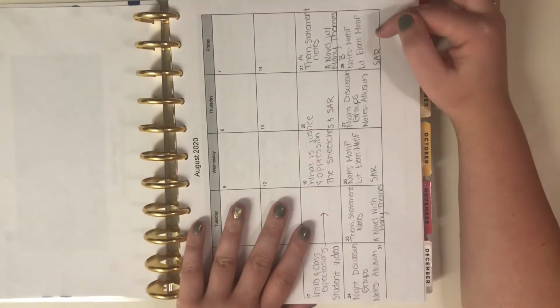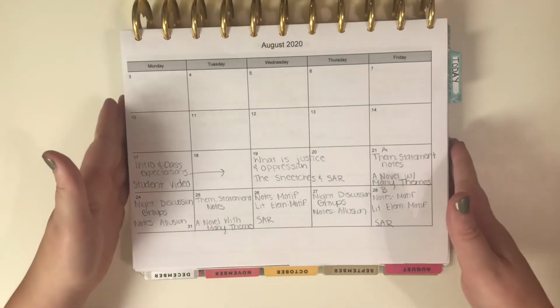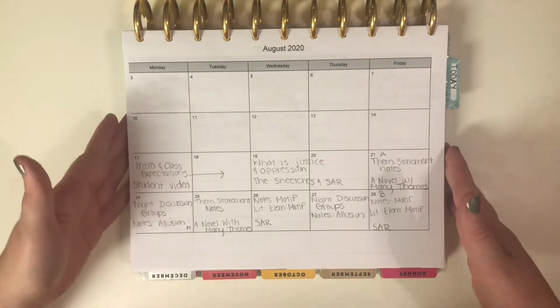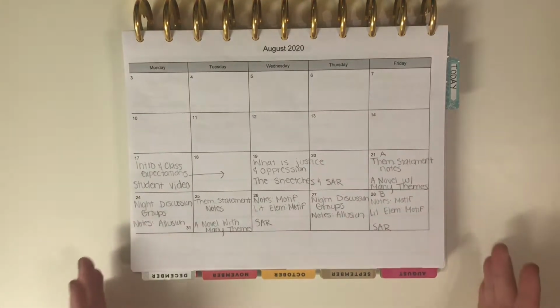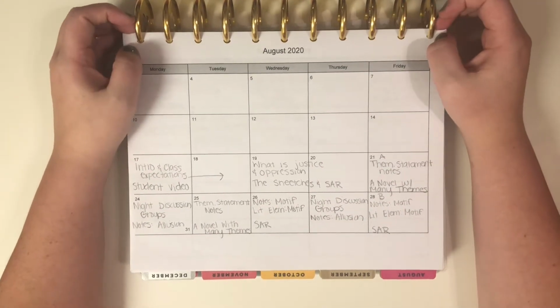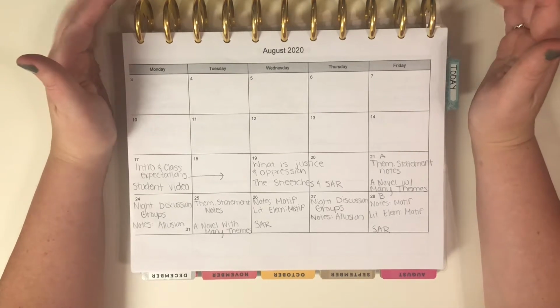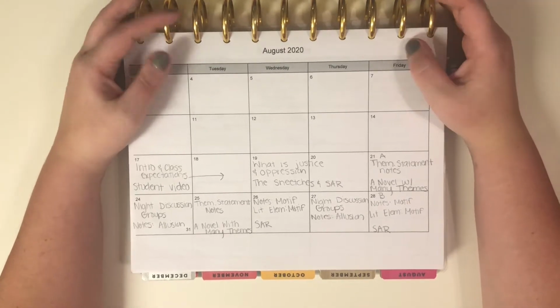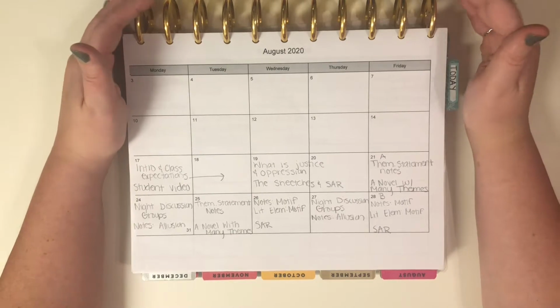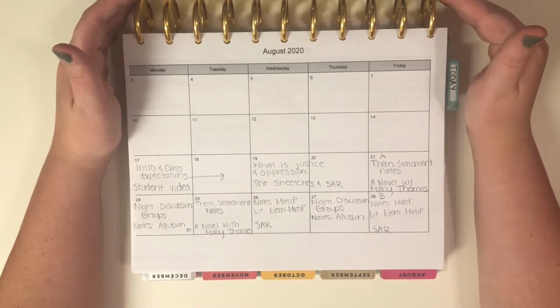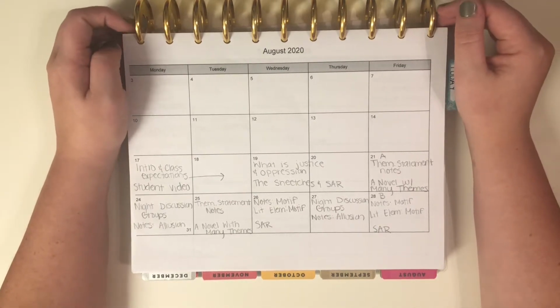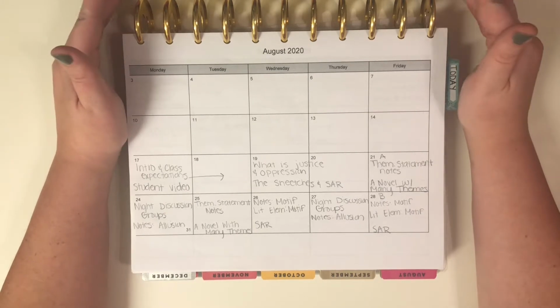And I do this because my school is on a block A-B schedule. If you don't know anything about block schedules, basically we see our students for 90 minutes a day. They only have 4 classes each day. A lot of schools will structure theirs differently.